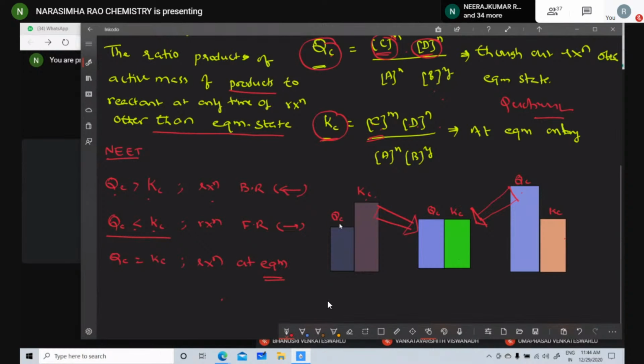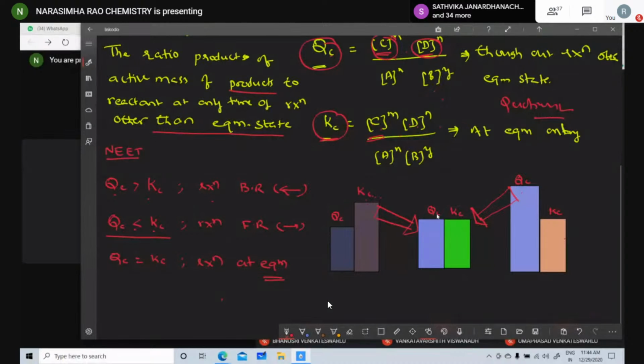Here, compared to the given concentration, Kc concentration is comparatively greater. If the Kc value is greater, the forward reaction occurs, reactant is converted to product.